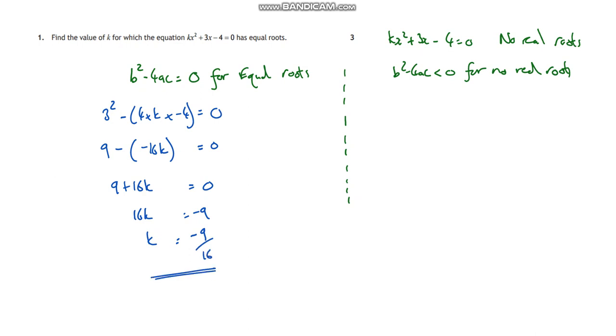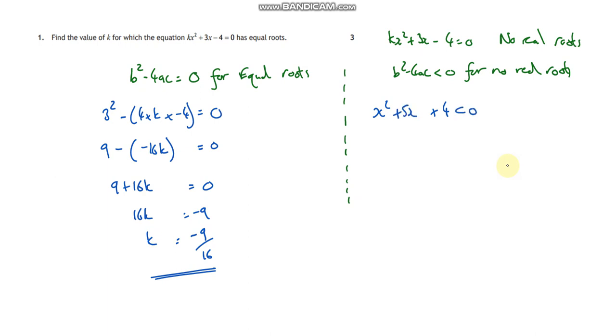Let's have a look at the marking scheme, see what we got for that. Yeah, you're getting a mark for using the discriminant, a mark for applying the condition, so the equal to 0, and then simplifying, and then your final answer. But just to show you the difference, actually, this one's probably not a great example because there weren't roots for this question. But say I got something where it was less than 0 for no real roots. I'd be substituting into my equation, and maybe say I ended up with something like x squared plus 5x plus 4 is less than 0.